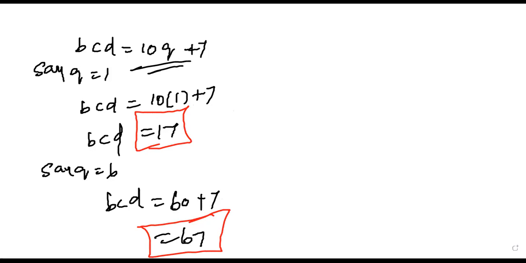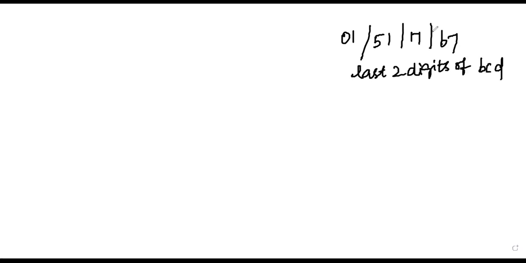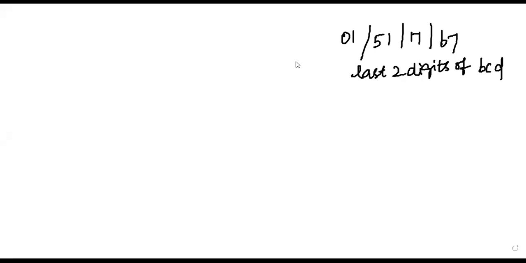So far, you have 01, 51, 17, and 67. Okay. These are the last two digits of BCD. Okay. So by substituting 2 or 6, we are having these possible values, whether the last two digits of the BCD are going to be 01, 51, 17, or 67.